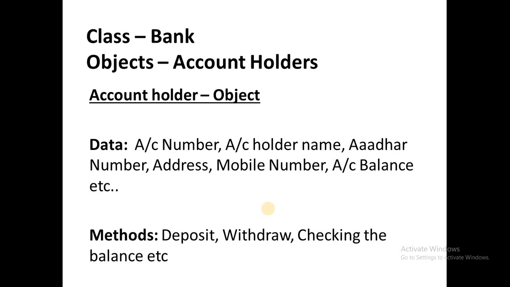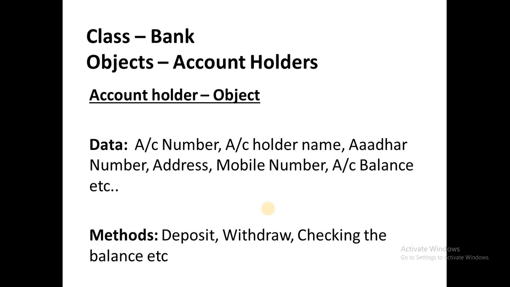Each account holder is an object and a set of account holders is called a bank. So in this example, which is an object? Object is account holder. Class is bank. Class means a set of similar type of objects. Here, a collection of account holders is the bank class.